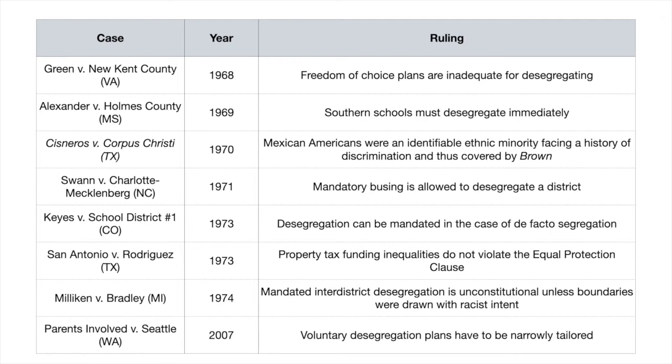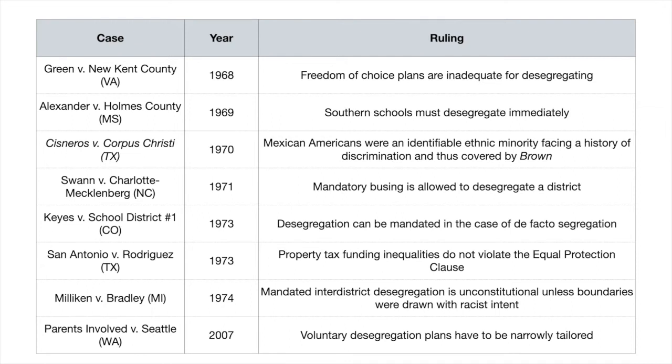The following year, a similar case, right? Alexander versus Holmes in Mississippi, 1969. Again, Southern schools must desegregate immediately, right? This is finally now 15 years later, the Supreme Court is saying you've got to get serious. In 1970, so this case in italics, Cisneros versus Corpus Christi, is a case from Texas.